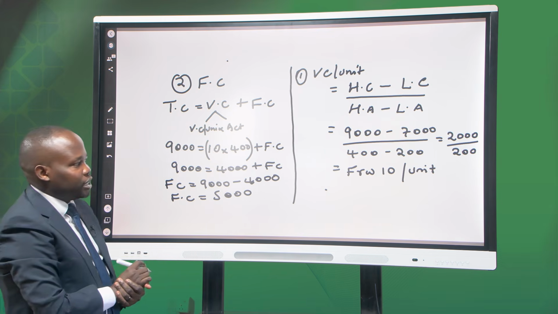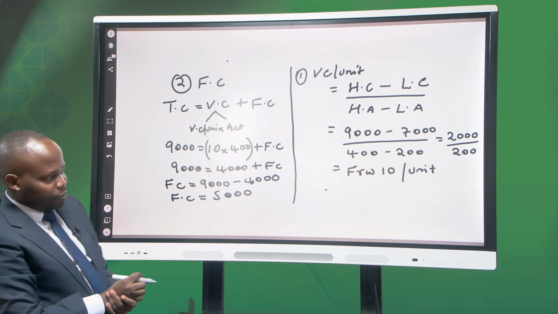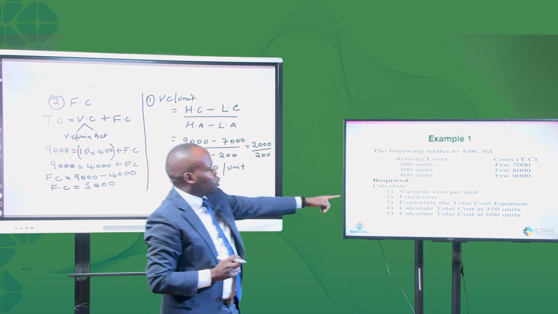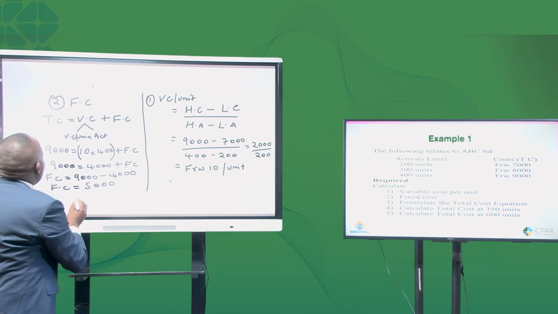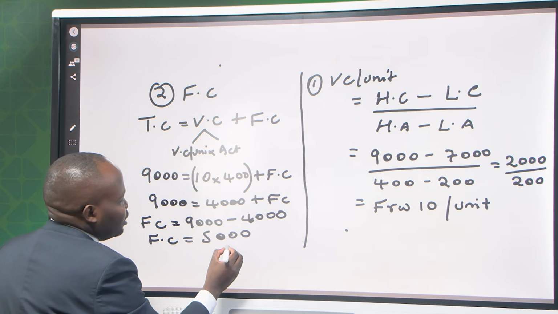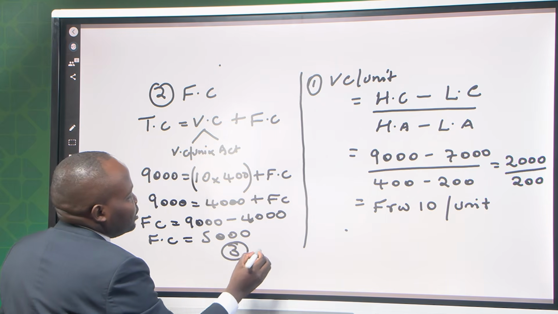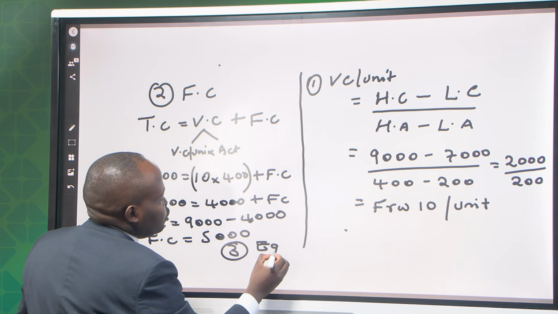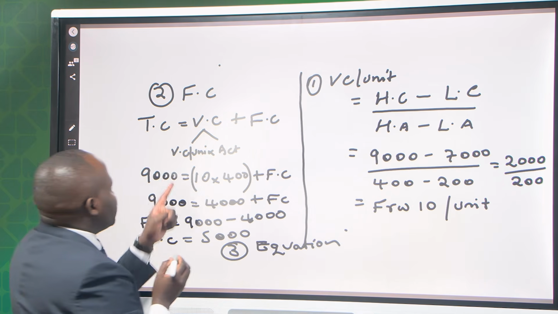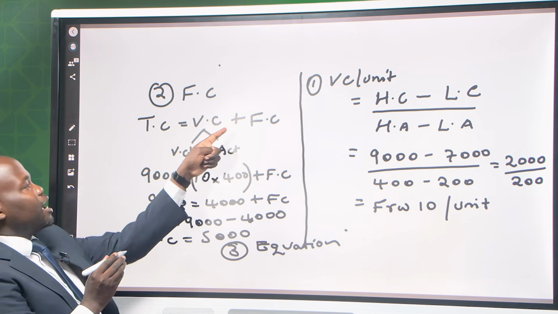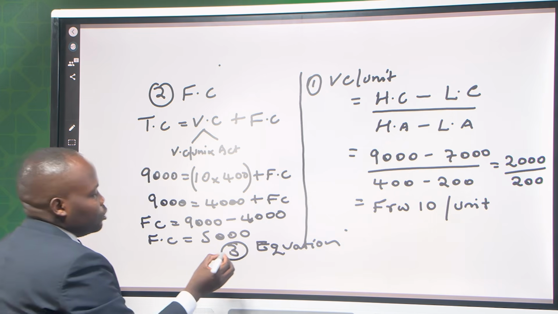So our fixed cost is 5,000. The next requirement is formulate the equation. So it will be our third requirement. Formulate the equation. So to get the equation we go back to this. This enables us to formulate the equation.